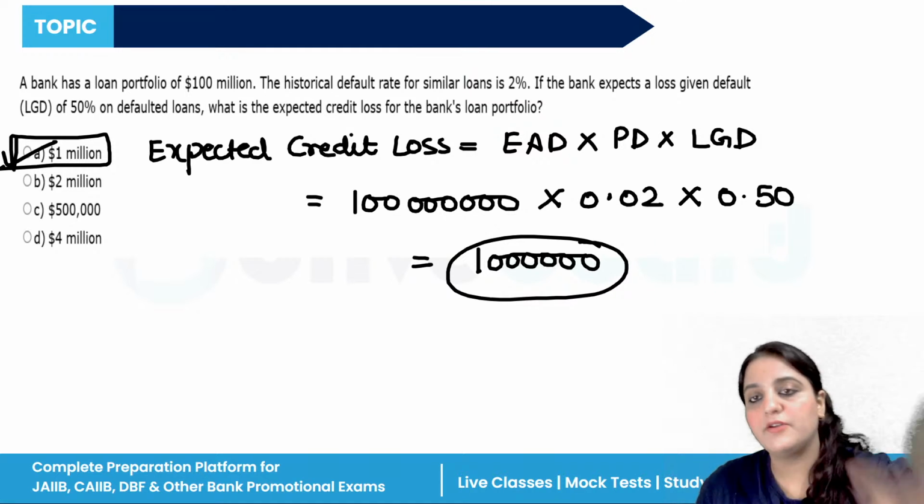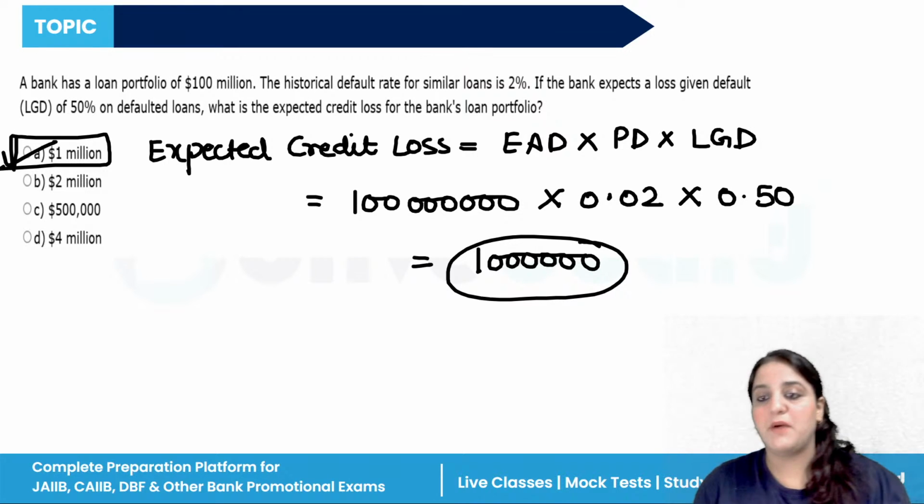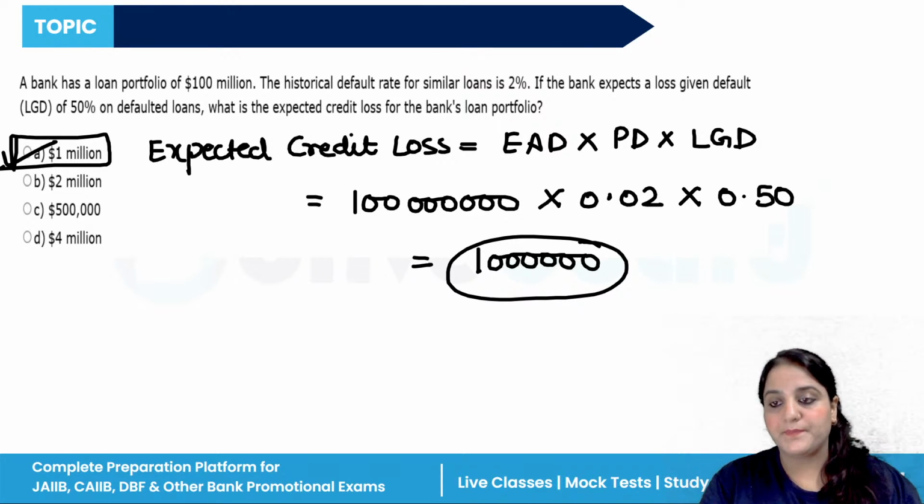So the real game is played by the formulas.